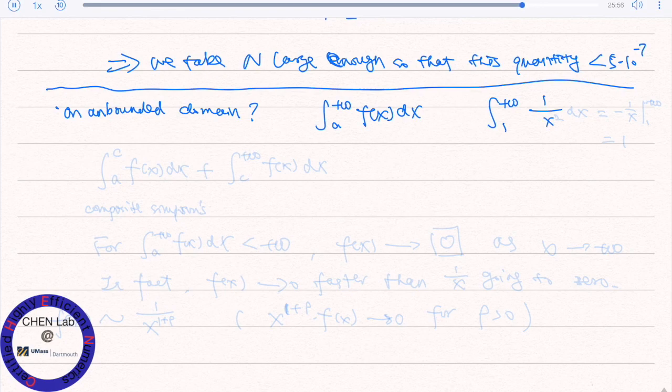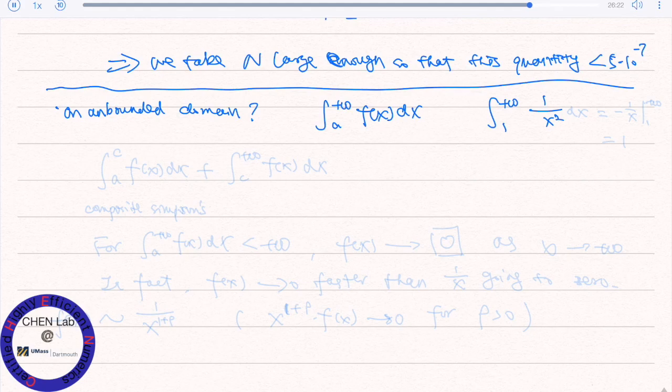Meaning, is the integral finite? The answer is no. It's log x, and log infinity is infinity. So you need a power that's larger than 1. Actually, 1 plus any tiny amount would make this integrable. We certainly don't need to take 2.